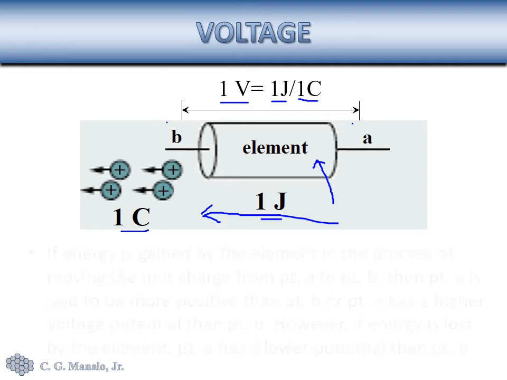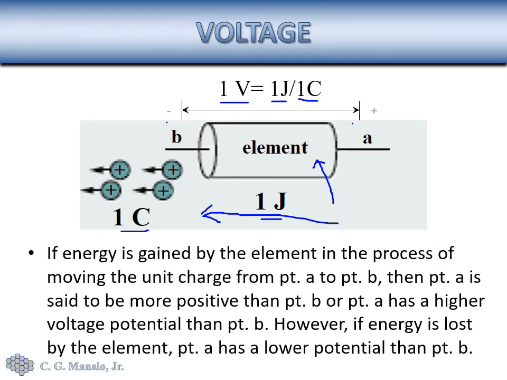It is said that terminal A is more positive than terminal B. So A here is more positive than B. If, however, the element loses energy in the process of transferring those charges between the terminals, it is said that terminal A is less positive than terminal B. Or another way of saying it is terminal B is more positive than terminal A.